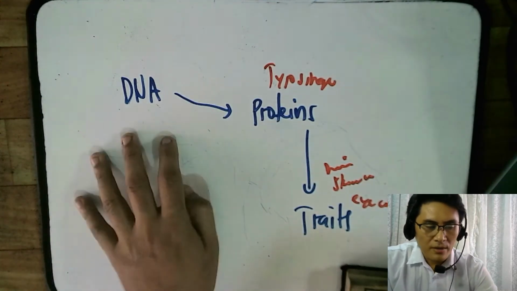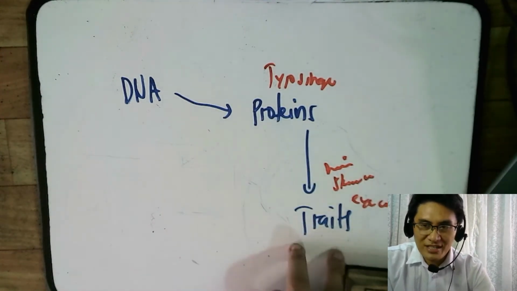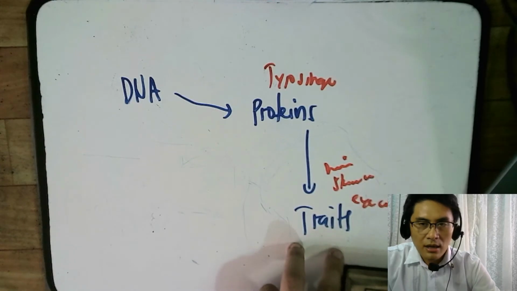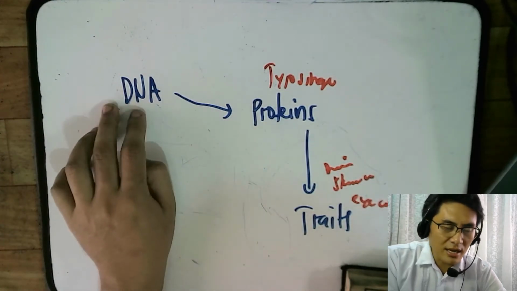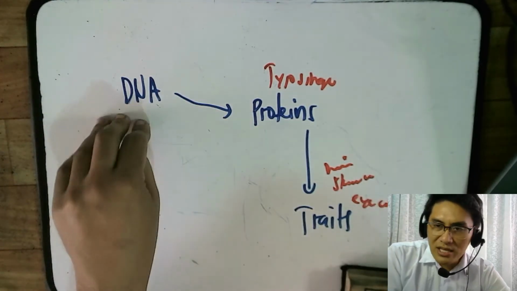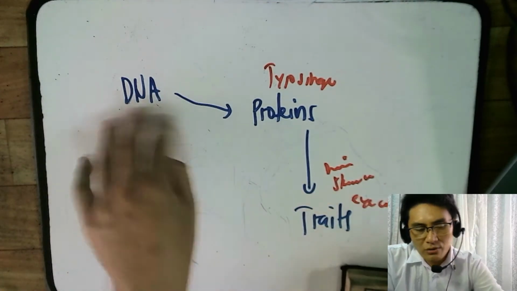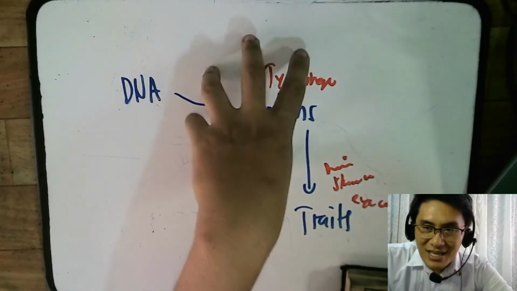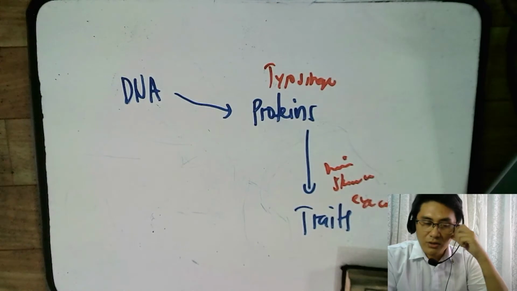But the point is, the bridge between the physical traits that we see and how it's stored in the DNA is the proteins. What is stored in the DNA is the instructions for how to create proteins, and the proteins affect the traits that you have in your body.